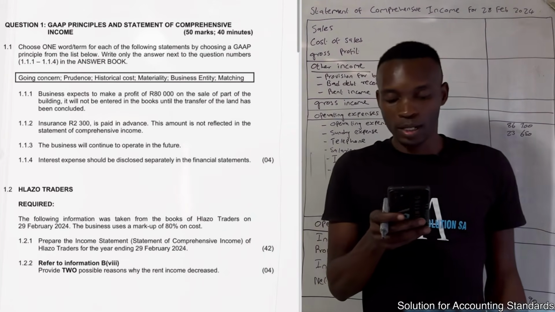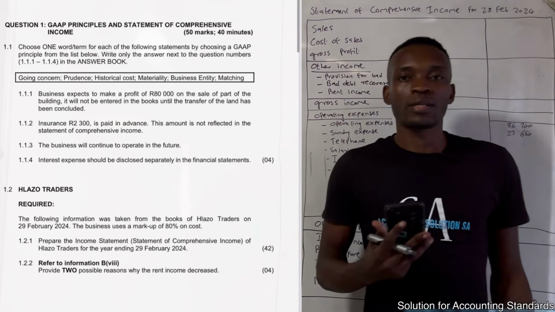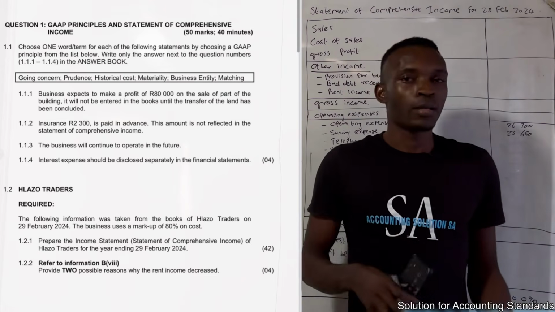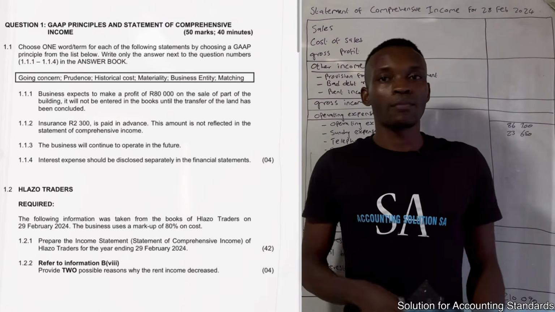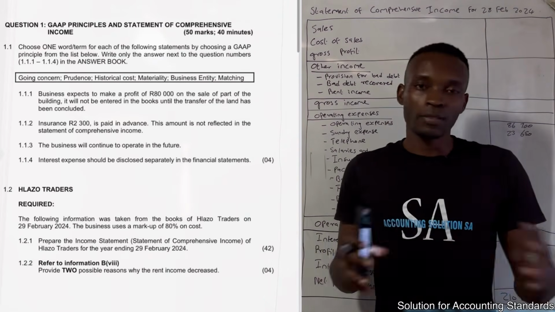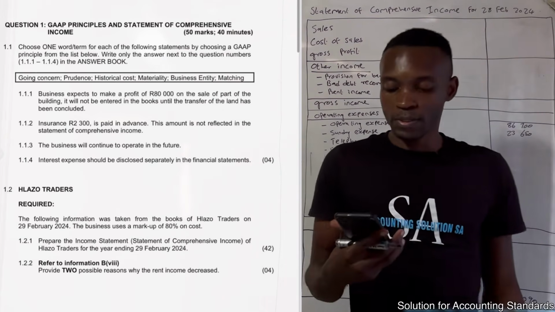This one is materiality. When we say materiality, we are saying that this is very important. We must see it separately. We don't want to see it included with other items, because it will look like it has been hidden. So it must be separate so that we can see it. That's what this principle is saying.